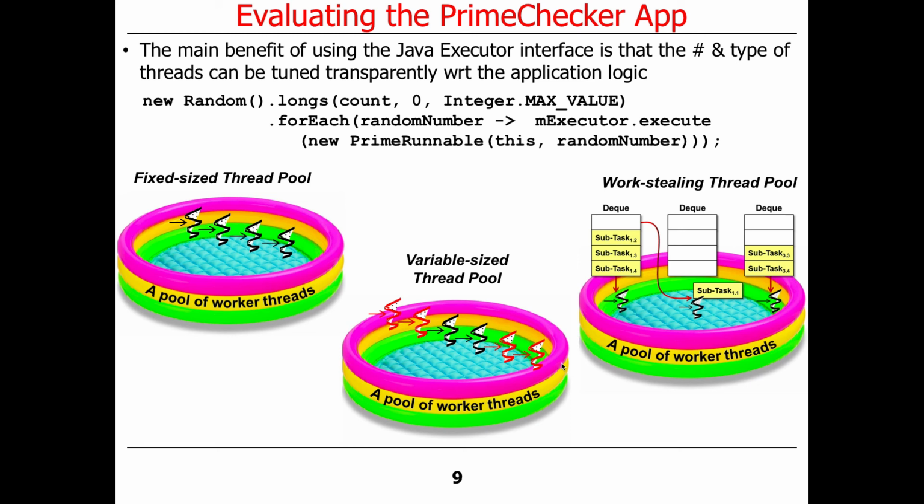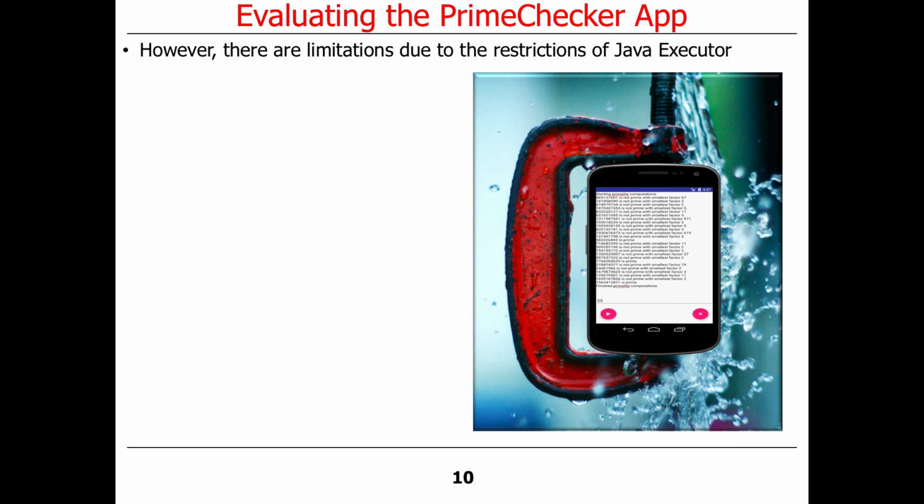By using the executor interface, we can vary the implementation of the pool. We could have a fixed size pool, a variable size pool, a work stealing pool, all kinds of different pools, and all that has to change is the way we make the executor object, but this code here can look exactly the same. So we're separating out the implementation from the way it's used. Just a classic separation of concerns style argument.